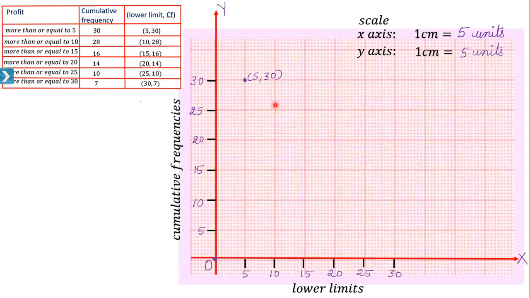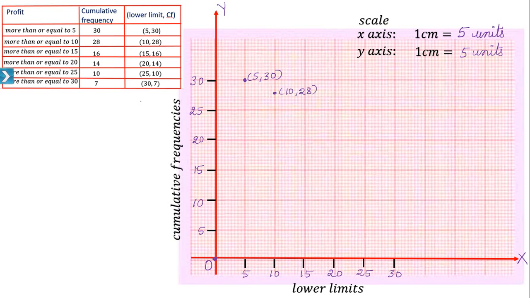So, 2 millimeter is equal to 1 unit. So, 28 is 4 lines below 30. This is 29 and this is 28. It is 10, 28.